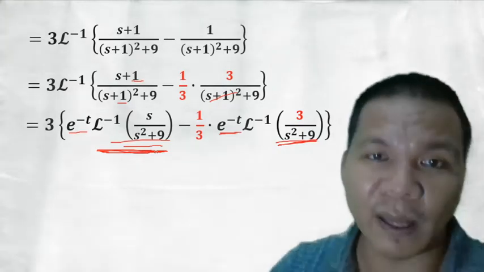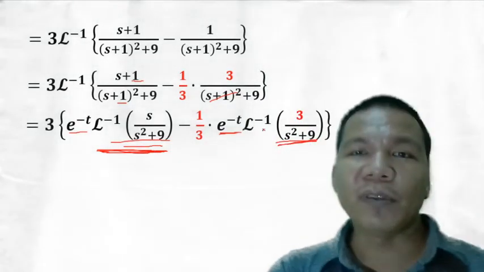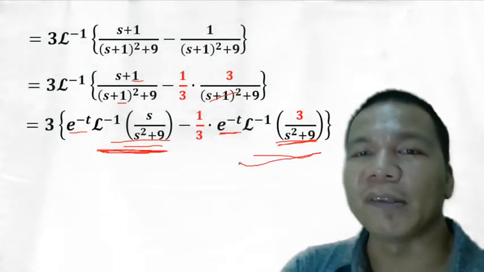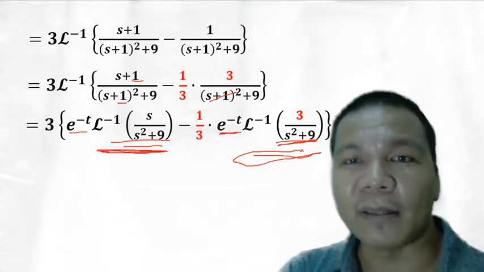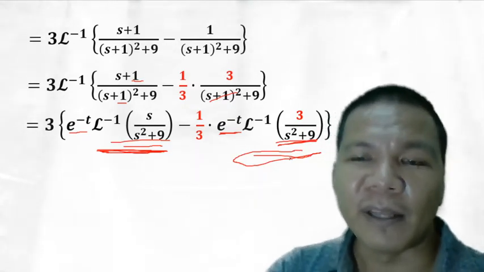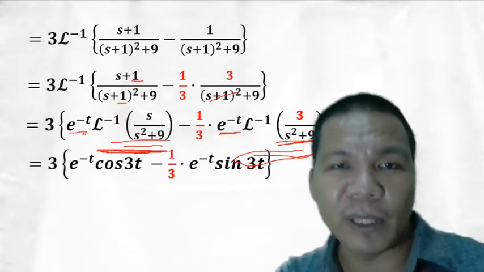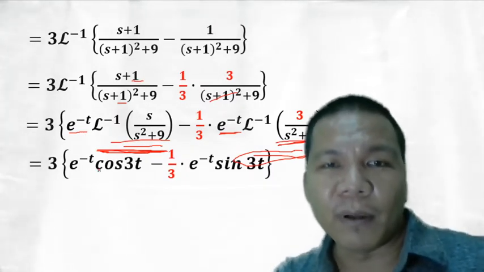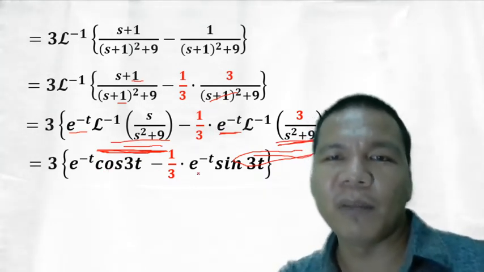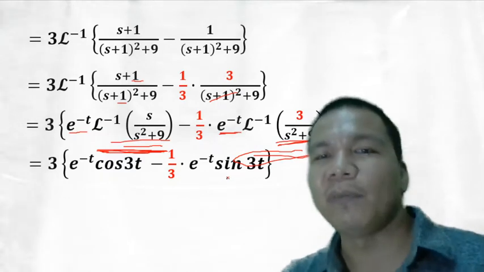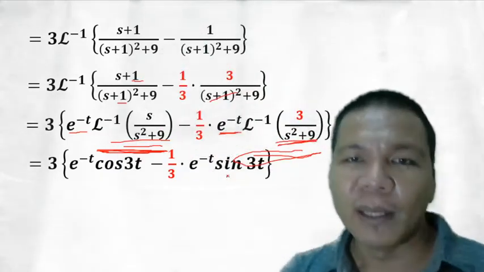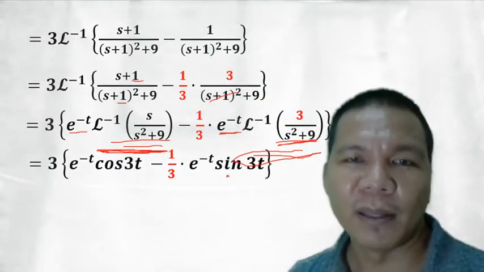Yes, that's cosine of 3t. What about this one? What is the inverse Laplace transform of this? Right, that is sine 3t. Now, that becomes 3 multiplied by e raised to minus t multiplied by cosine 3t minus 1/3 multiplied by e raised to minus t multiplied by sine 3t, enclosed with a bracket.